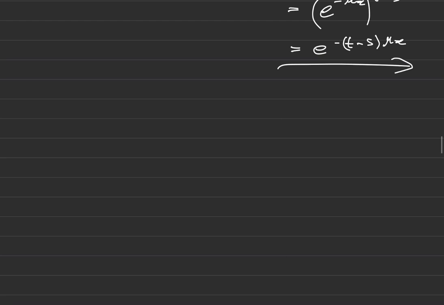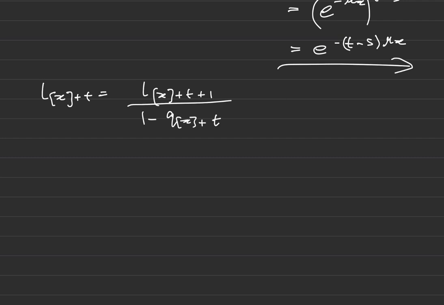select mortality, if I have Lx plus t, this will be equal to, okay, now why is this true? Well, I don't really want to go through the process with you, but it's probably going to take some time.